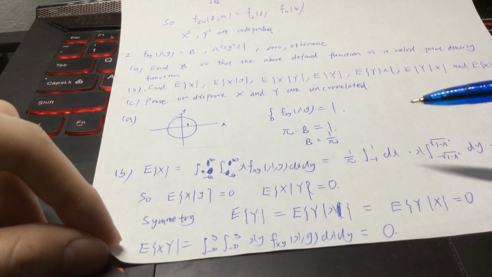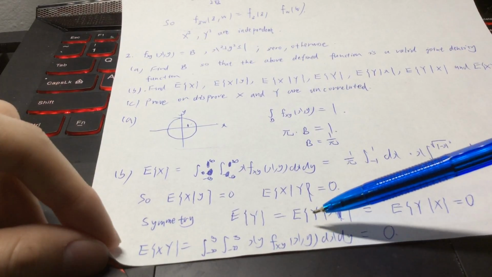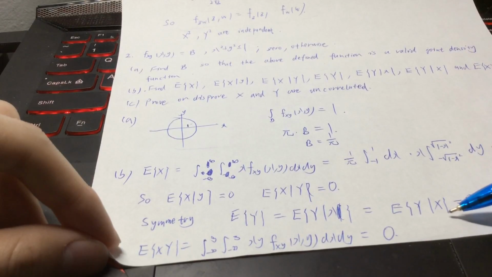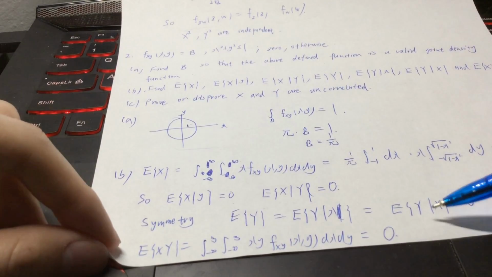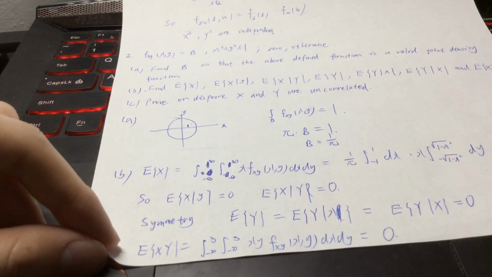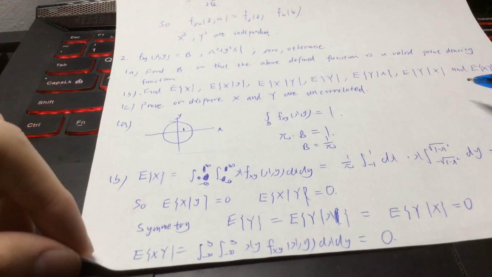So if E[Y] equals 0, then E[Y] given x also equals 0. So all of these are equal to 0.